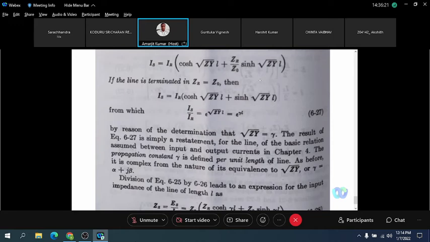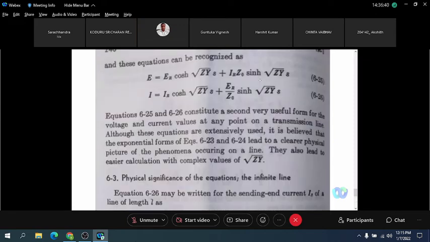Now, we had assumed ZR was the termination impedance or load impedance. If the line is terminated in Z naught, that means ZR is equal to Z naught, then what will happen? Then ER will be equal to IR ZR, and ZR is equal to Z naught.